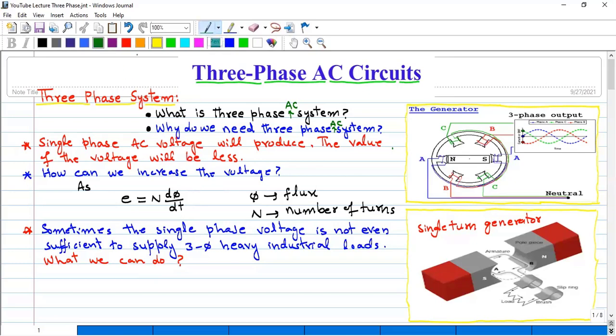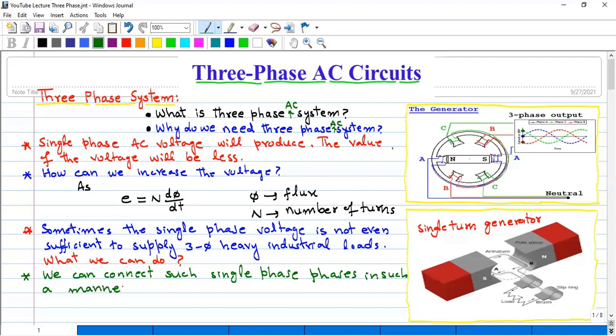So the answer of this important point is, we can connect such single phases in such a manner that it will give us more power to supply the heavy three-phase industrial loads.